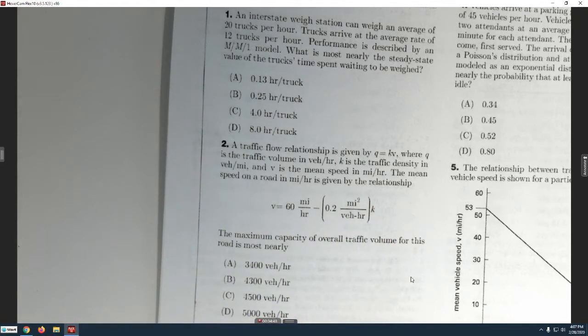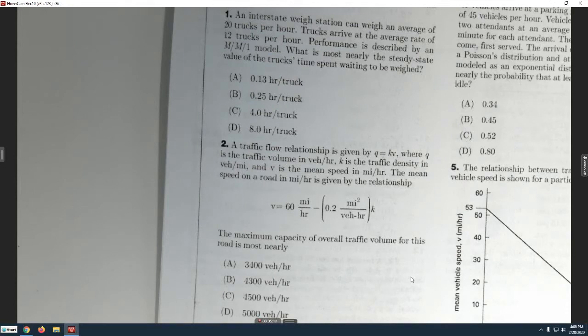Check the reference book. For Q-K-V, you can find it on page 177, threshold model. The most convenient one is that the maximum volume is just a quarter of jam density times free flow speed.